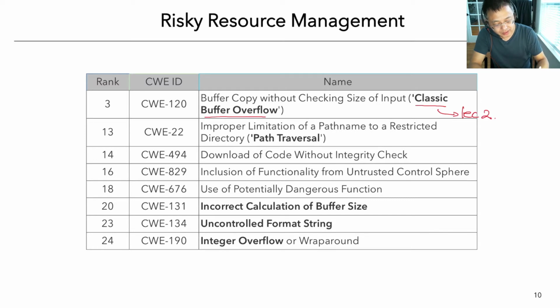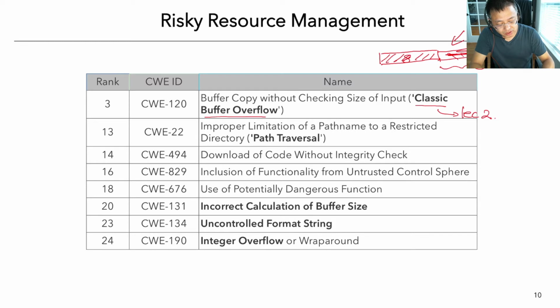Okay, so the basic idea is that if you have a buffer, for example, that can only hold 8 bytes, but when you try to write into it, say 16 bytes, you fill in the first 8 bytes, but you are also going to override whatever is after the buffer. So this will overflow the buffer and override the memory after the buffer.